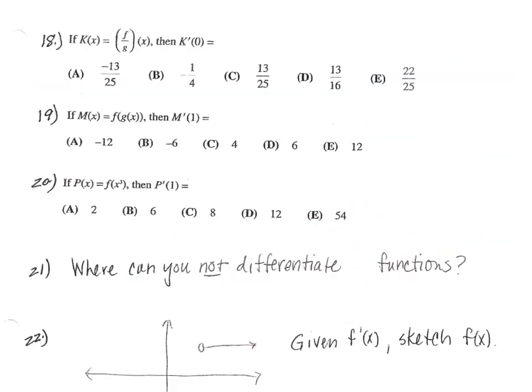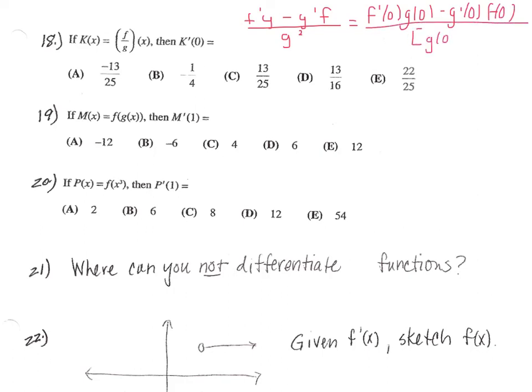If k is f divided by g, then to find k prime, we need to do the quotient rule, which would be f prime g minus g prime f over g squared. So we'll need to find f prime of 0 times g of 0 minus g prime of 0 times f of 0 over g of 0 squared.